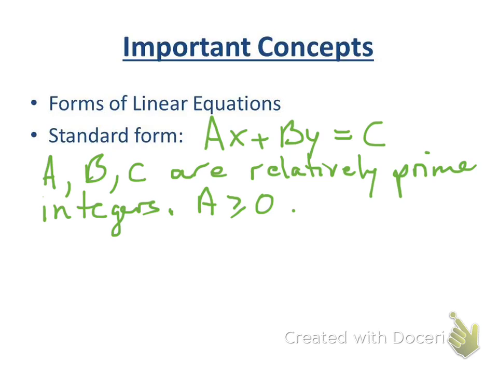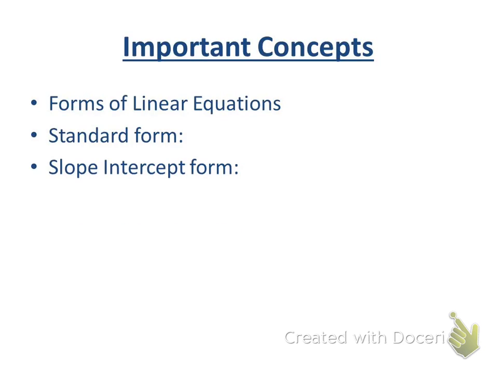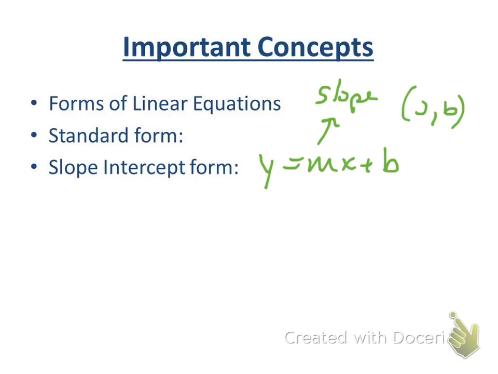All right, what's the other form of a line that we know so far? The slope-intercept form. The slope-intercept form is what? Y equals mx plus b, and in this formula, m is the slope, and b is the y-intercept.